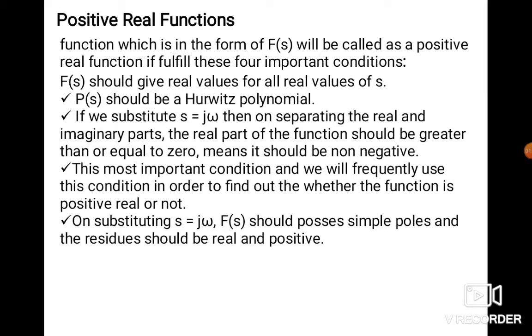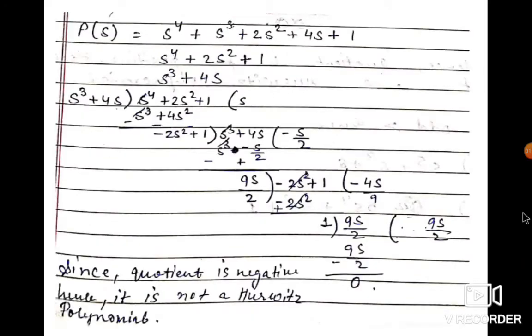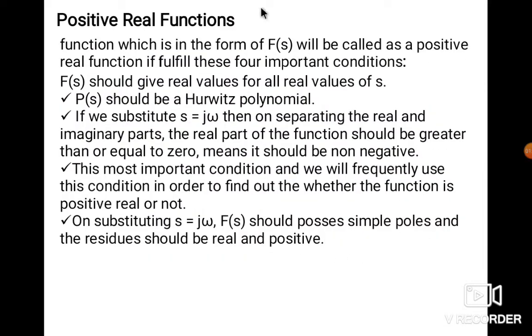I would like to remind you, F(s) will be called a positive real function if it fulfills these four important conditions. So these are the four important conditions: one, two, three, four.